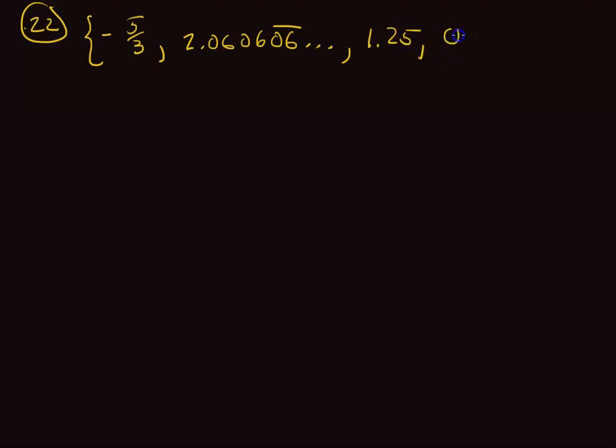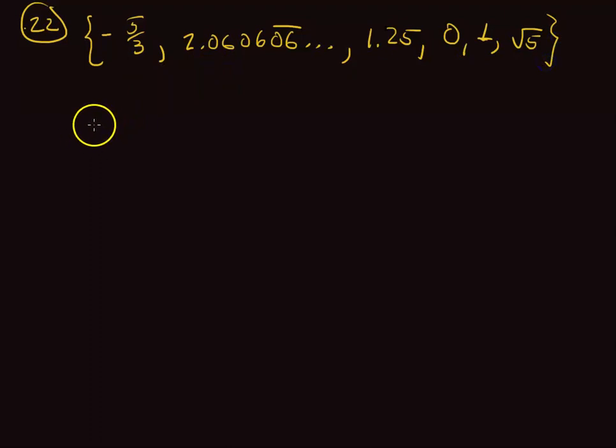We have this set: -5/3, 2.060606, and it keeps repeating that, 1.25, 0, 1, so 1, let me put a line underneath it, and the square root of 5.